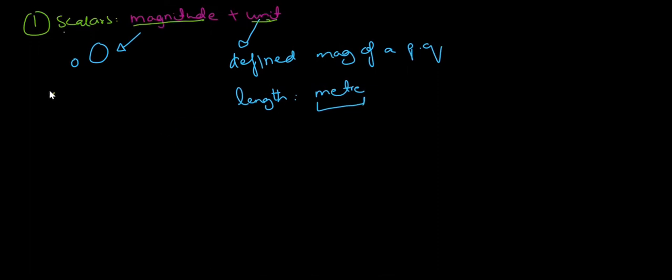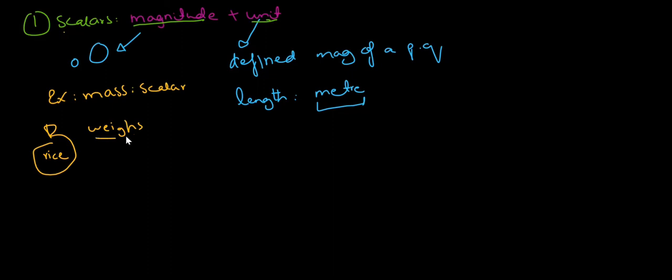But to put things into a better perspective, let's talk about an example. Let's talk about the physical quantity mass, which is a scalar, by the way. Let's say you went to a shopkeeper and you asked them for a bag of rice. Now, the shopkeeper can't help you unless they know how much rice you want, how much the rice weighs. So you think about it and you say, okay, it should weigh 5. Now, what you've given them is a magnitude, how big it should be.